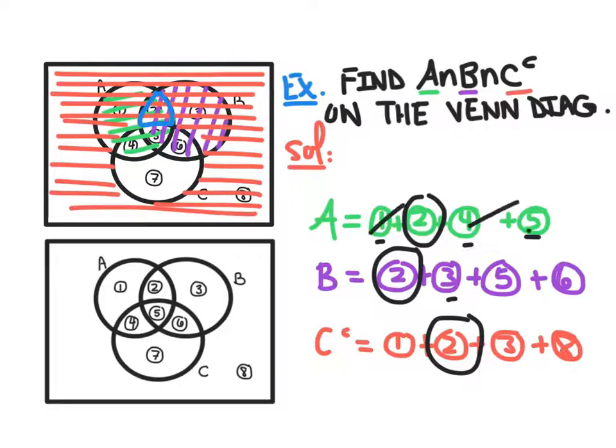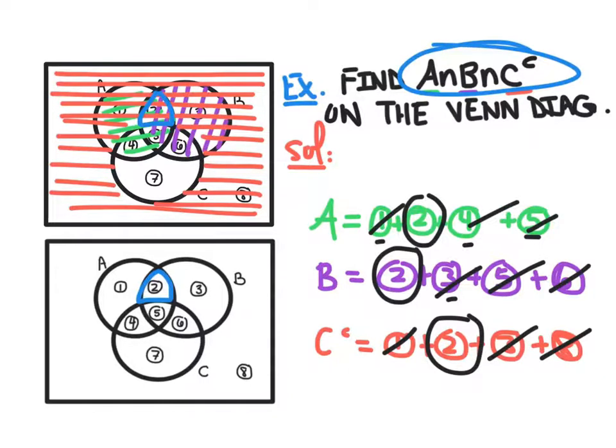So all of those other ones can be eliminated from this intersection because it's not common to all three. And therefore we get to the same point that we got to before, that our region, A intersect B intersect C's complement, is drawn in blue. It's just the region 2. So this can be a pretty quick approach, and you can actually do it in your head once you get quick at it, and that'll help you solve a lot of problems.